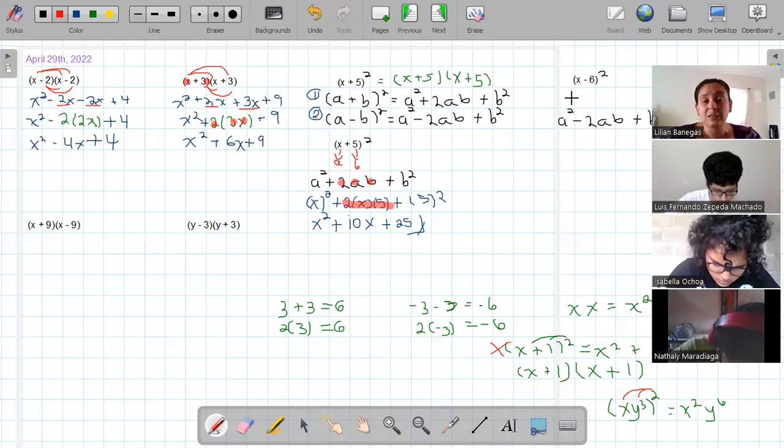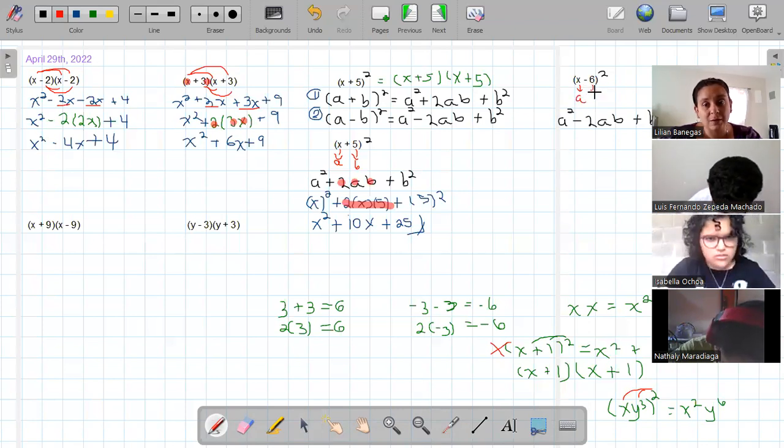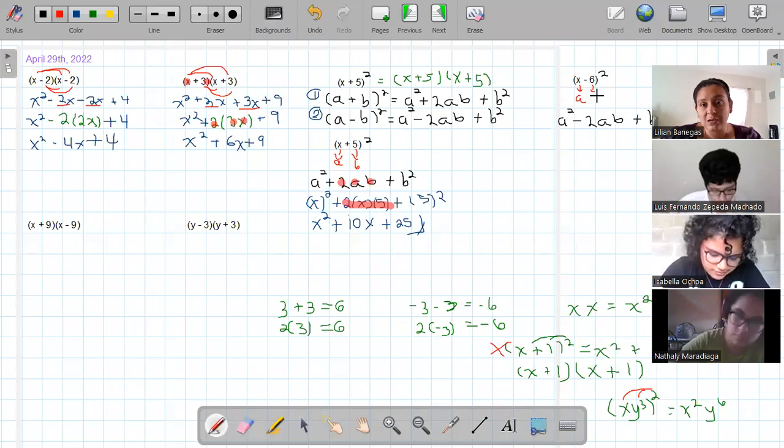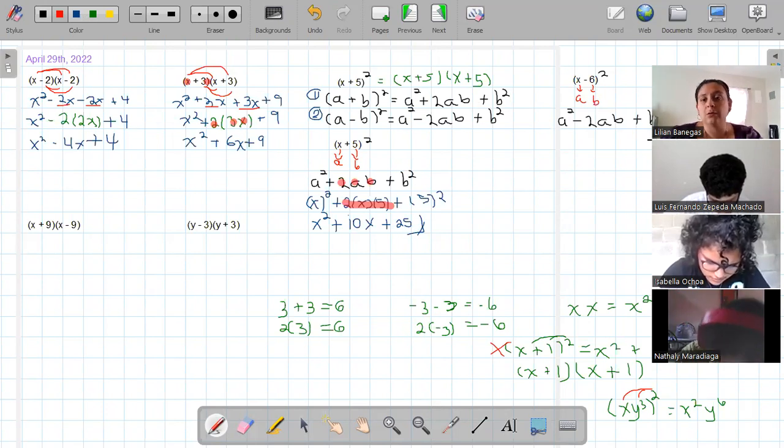Now, I'm going to identify A and B. So A is X and B is just the number, not the sign, because the sign is already included in here. That's why we changed it from positive to negative, because the sign is already included. So B is only the number, but positive, only 6, okay? Now, how much is A to the square?